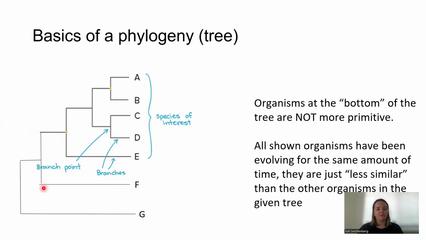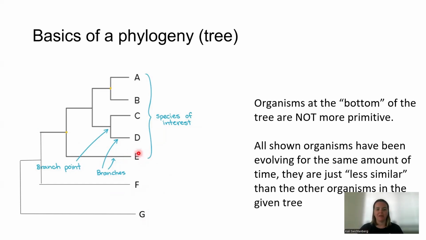So if we added more taxa in, in this case species F and G, now that might trick your brain into thinking that F and G are now more primitive than E is. But that's just showing you that as we add more taxa, we're just adding to the information that we know.